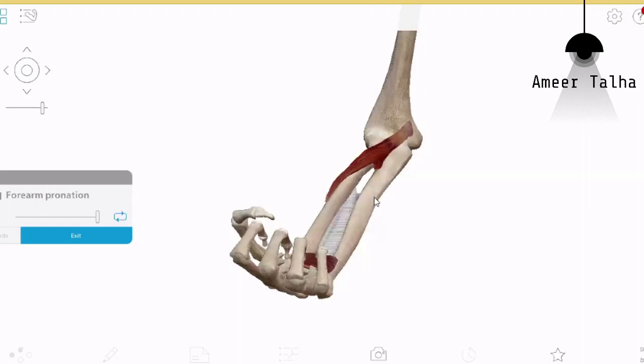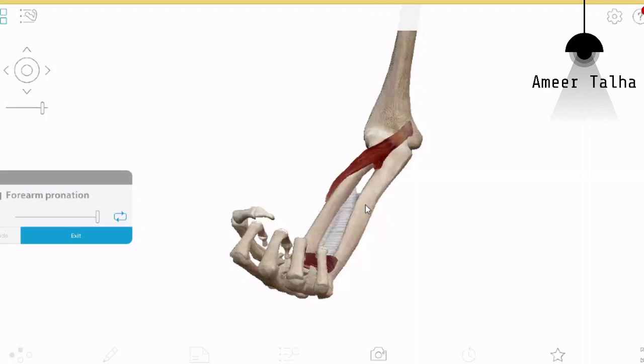It helps in the transmission of force from the radius to ulna. इसी तरह आपने जब radius और ulna पढ़ी थी, that is homologous to the leg bones. The radius is the lateral bone of the upper limb and it is homologous to the tibia of the lower limb, which is the medial bone.